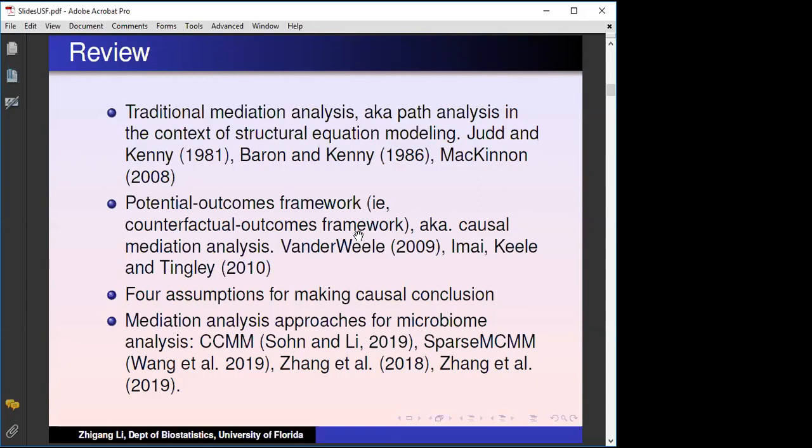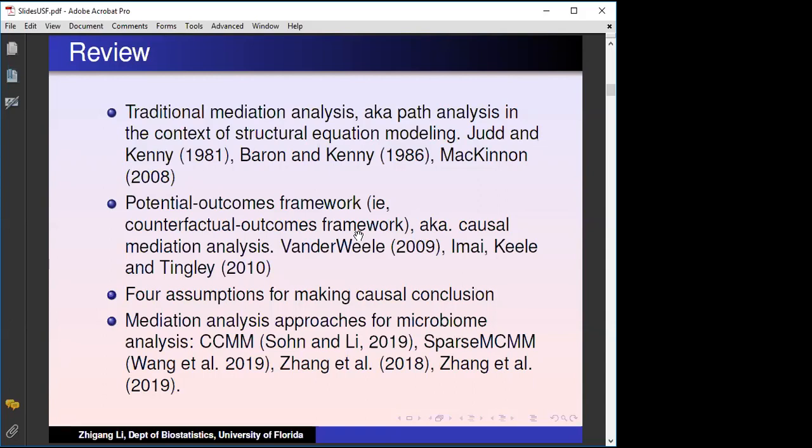With the counterfactual outcomes, there is a very good definition of the causal effect. But the bad thing about the counterfactual outcome is that it is missing. So think of that from a missing data perspective. If we use the counterfactual outcome, we need to deal with a missing data problem.